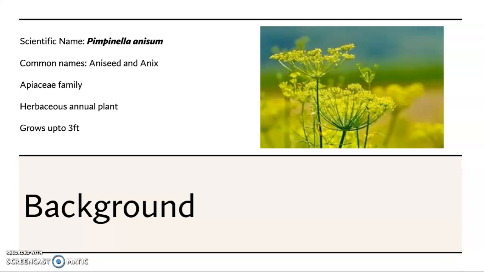But the leaves higher on the stems are further pinnate, and they can be divided into numerous small leaflets. The flowers can either be white or yellow, depending on where they grow.